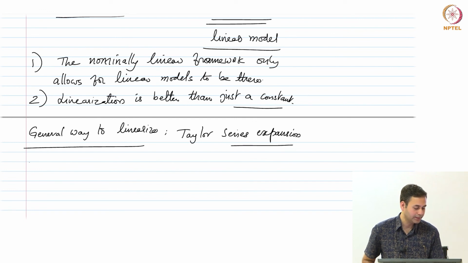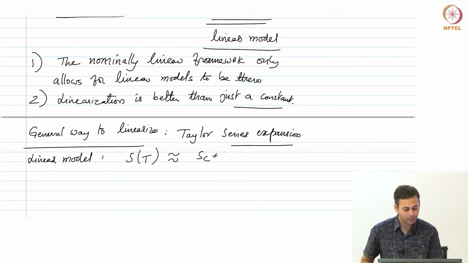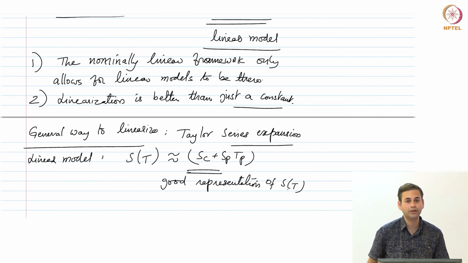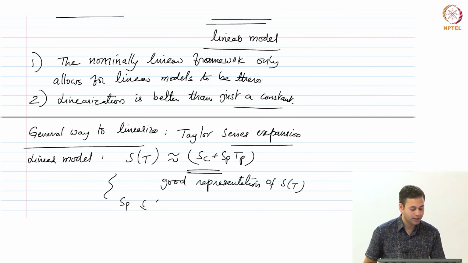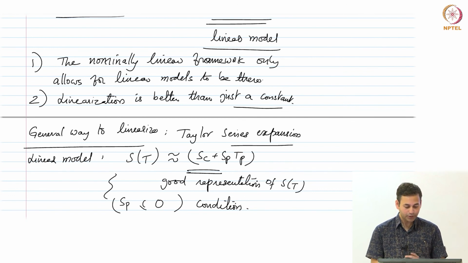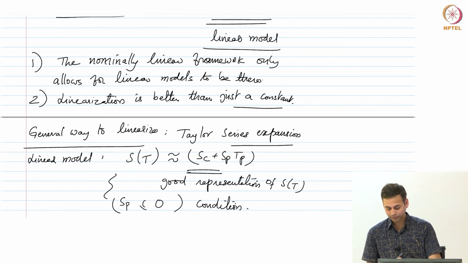Of course, the linear model that we get, Sc plus Sp Tp, should be a good representation of the original nonlinear function, and it should also satisfy the Sp less than or equal to 0 condition. This we have stated. So, if these two are there, then the linearization model we would use would be a good model. So, a general way to do it is using Taylor series expansion for the source term.